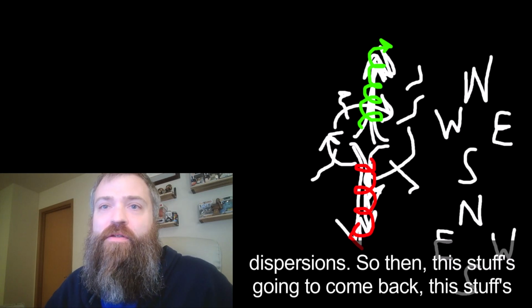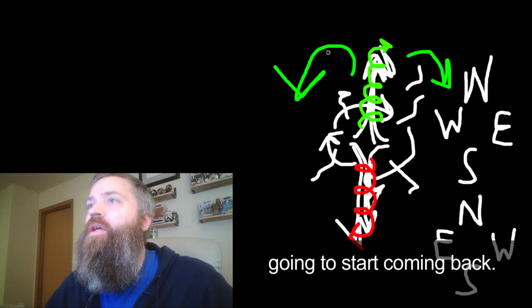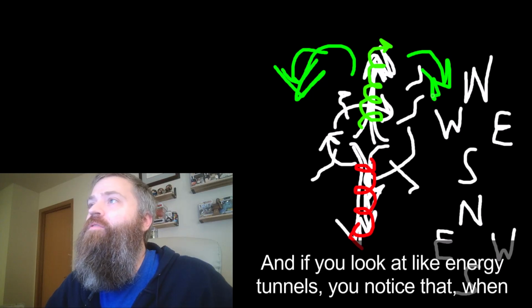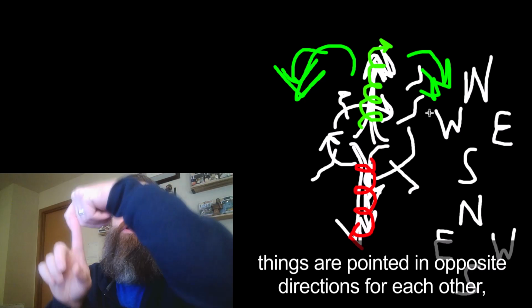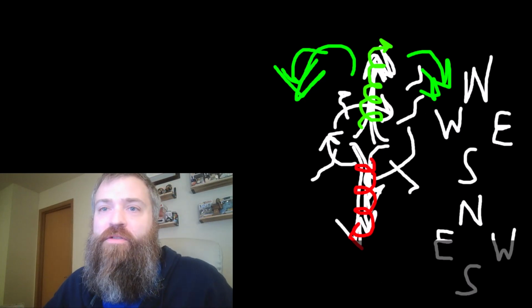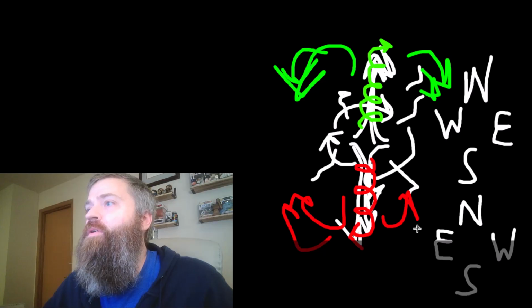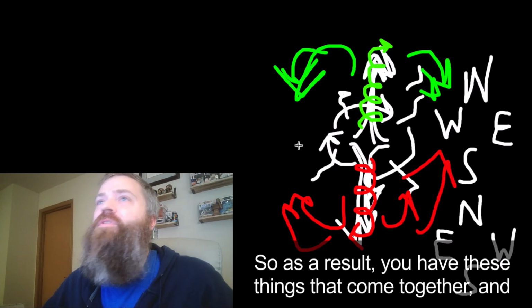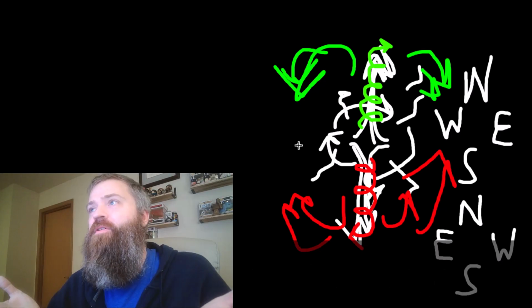So then this stuff's going to start coming back. And if you look at energy tunnels, you notice that when things are pointed in opposite directions from each other, they tend to get pulled in. As a result, these things come together and merge, and you have your magnetic field.